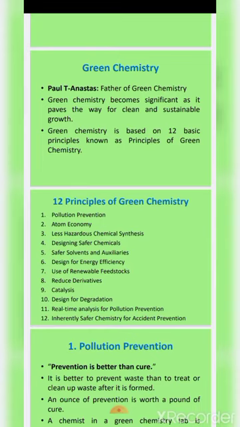The eighth is reduce derivatives, the ninth is catalysis, the 10th is design for degradation, the 11th is real time analysis for pollution prevention, and the 12th is inherently safer chemistry for accident prevention. Let us see them one by one, very briefly.